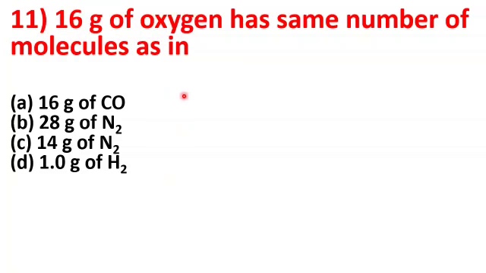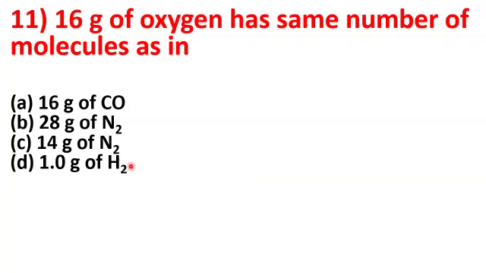1 gram atomic mass unit. Here, 16 gram of carbon monoxide is not equal to 1 atomic mass unit. Option B, 28 gram, is also not equal to 1 atomic mass unit. If you consider options C and D, 14 gram of N2 corresponds to 1 atomic mass unit, and option D, 1 gram of H2, is also equal to 1 atomic mass unit.